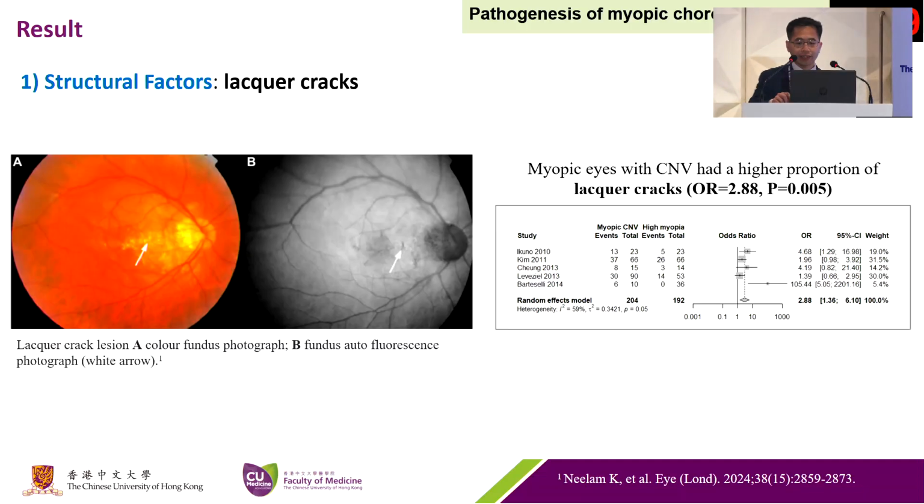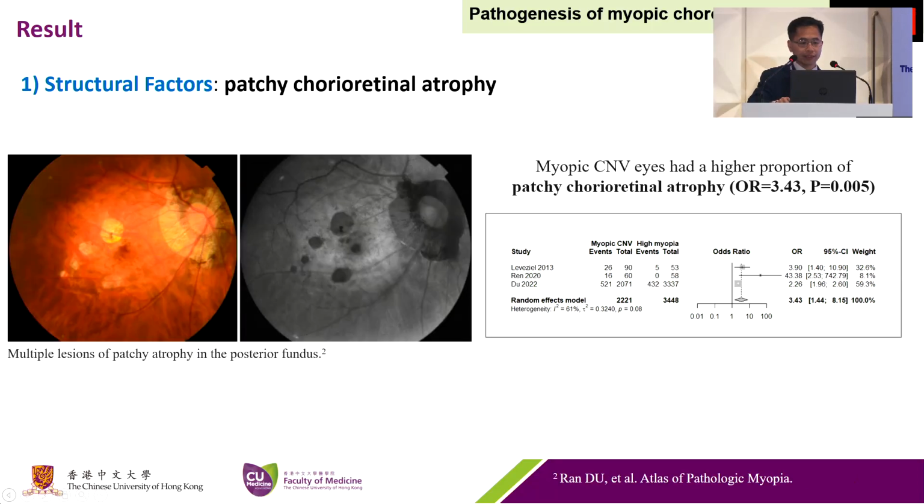The lacquer cracks are sharply outlined defects of the retinal pigment epithelium, Bruch's membrane, choriocapillaris complex with normal overlying neurosensory retina. In fact, myopic CNV had a higher proportion, with an odds ratio of 2.8 for lacquer cracks.